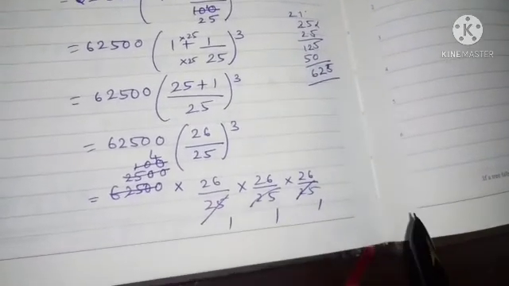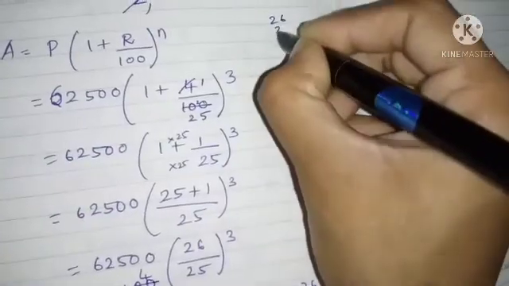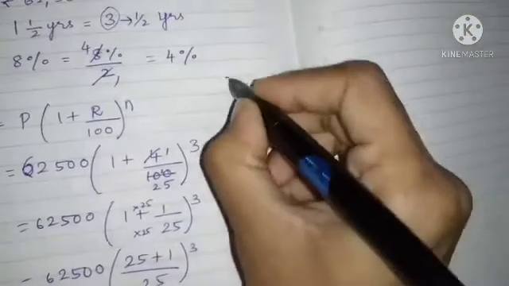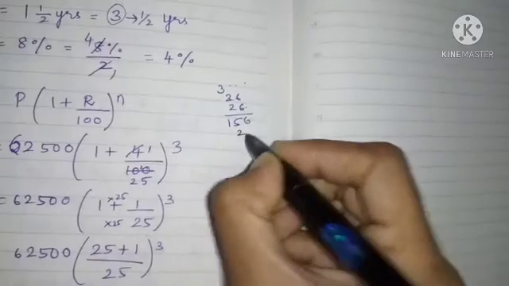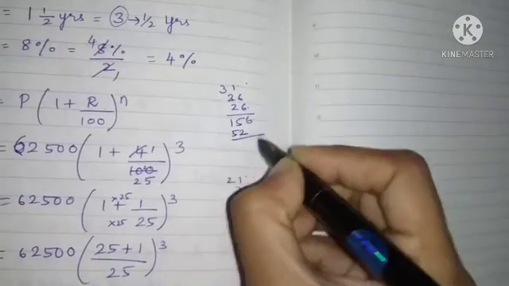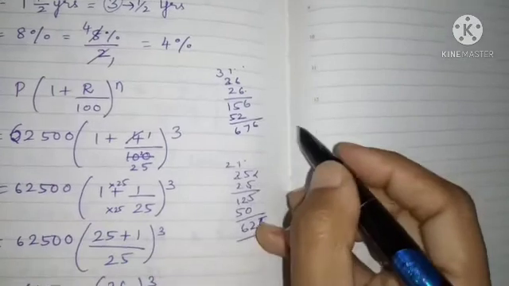Now 26 three times you should multiply it. 26 into 26: 6 sixes are 36, 6 twos are 12, 13, 14, 15, 6 twos are 12, 2 twos are 4, 5, so 676.